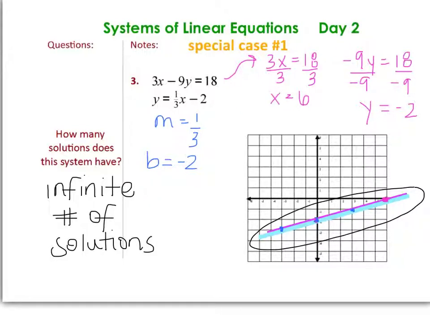You have infinitely many solutions because I could pick any point on the entire line and it would meet the requirements for the other line. It would match the other line too. So this is special case 1. The same line has an infinite number of solutions.